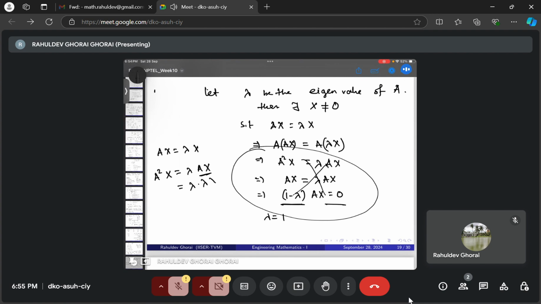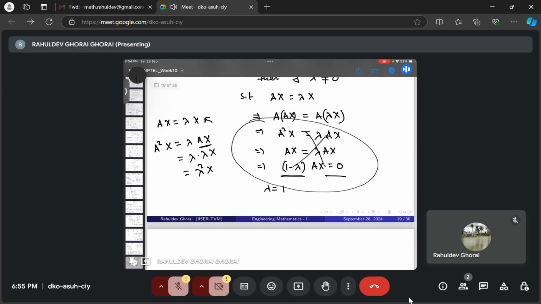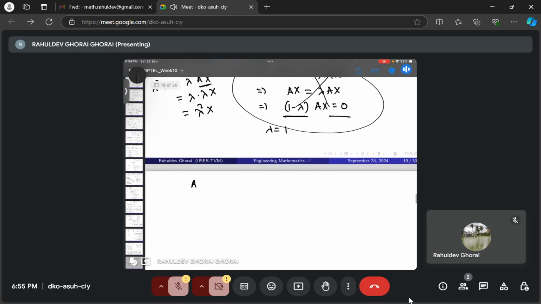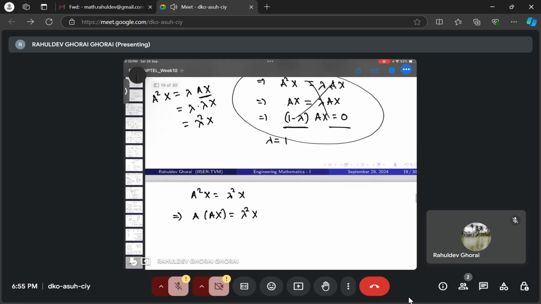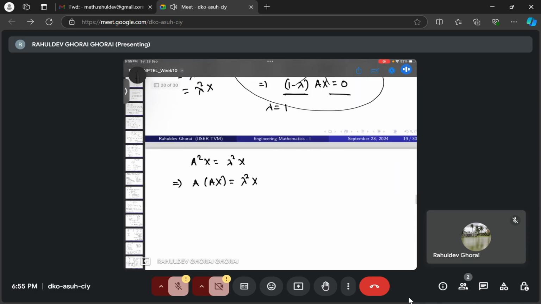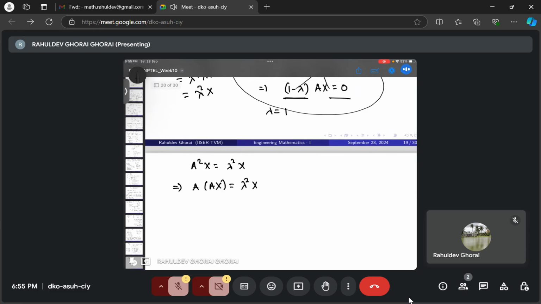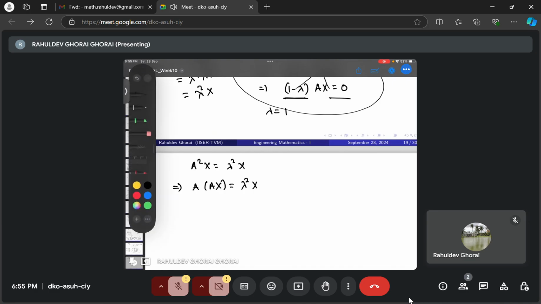Lambda times lambda x, so that is equal to lambda square x. So what you got? A square x is equal to lambda square x.